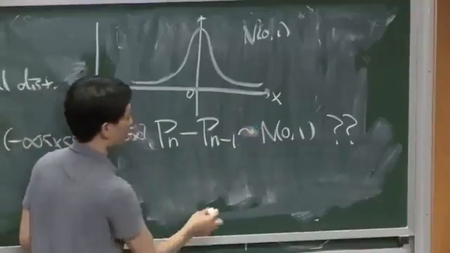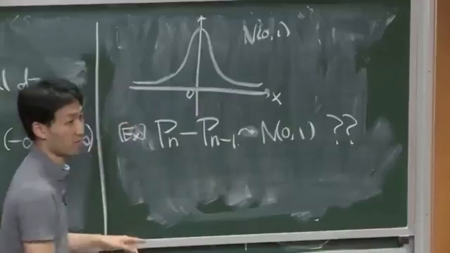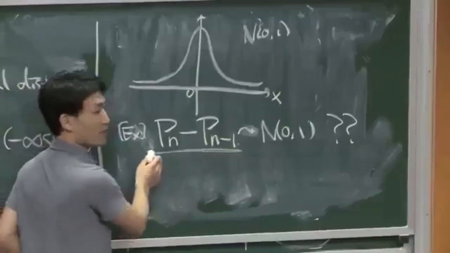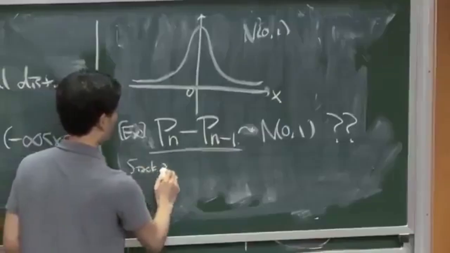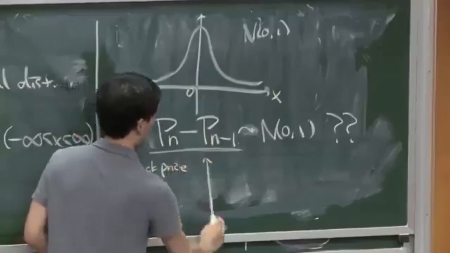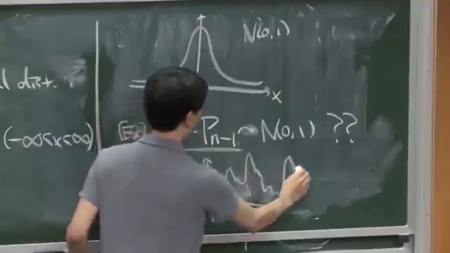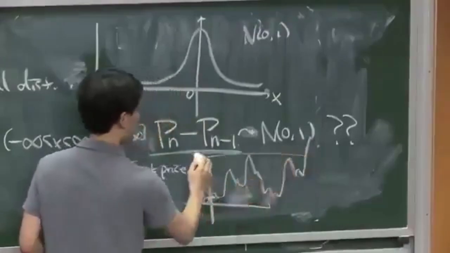You can model it like this, but it's not a good choice. There might be several reasons, but one reason is that it doesn't take into account the order of magnitude of the price itself. Let's say you have a stock price that goes something like that, and say it was $10 here and $50 here.